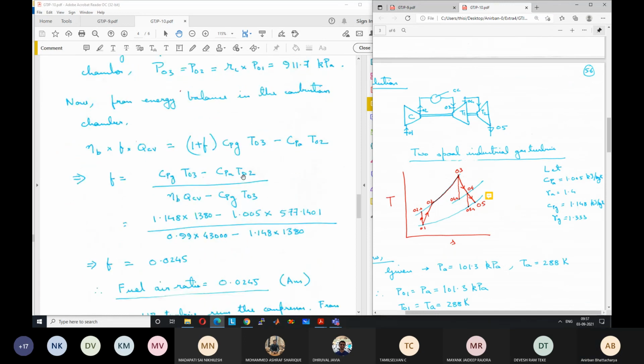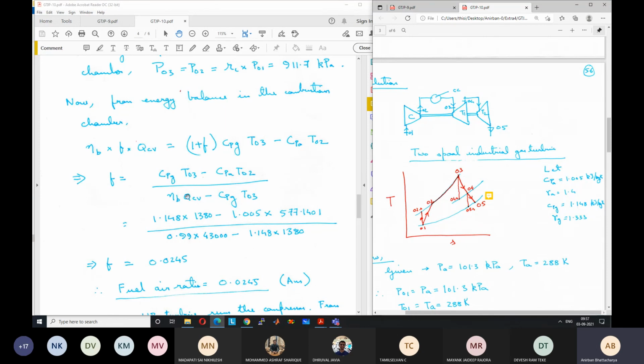Here, everything is known. CPG is 1.148, and T03 is the maximum temperature, which is 1380. CPA is 1.005, and T02 is 577, which we have already calculated.